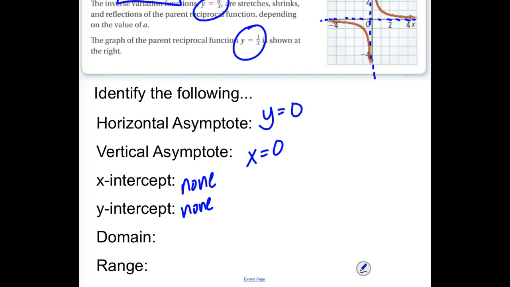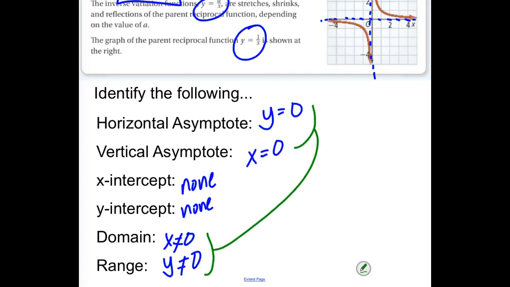It's a vertical asymptote, so we know that x can't equal 0. We said we can't be on the x-axis, so y can't be 0. Your asymptotes and your domain and range will be tied together. Wherever there's a vertical or horizontal asymptote, that is a value you have to restrict out of your domain. Okay? And range, I should say.